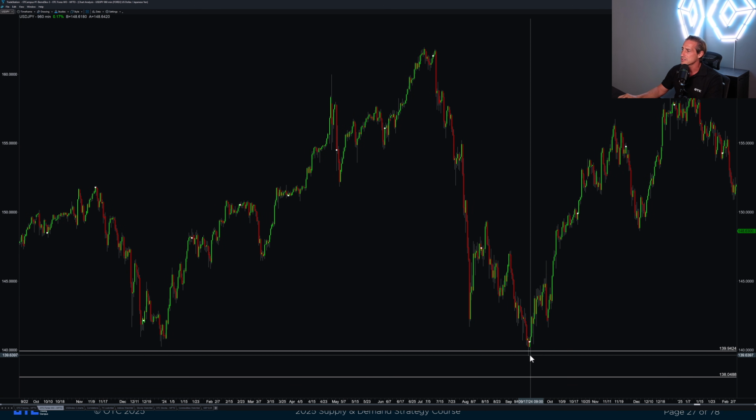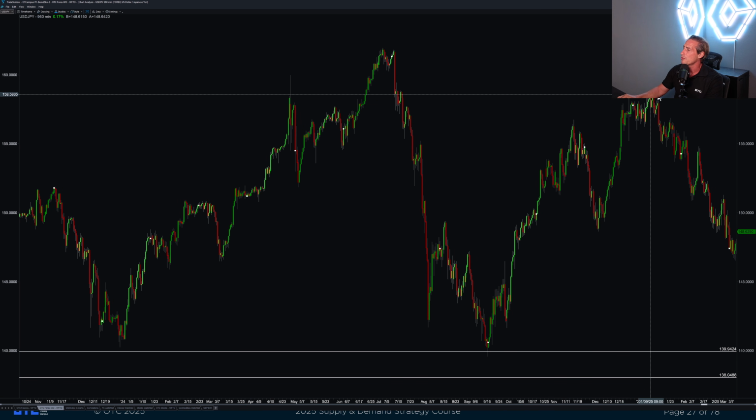And look, it just barely touched, a very, very shallow touch here. And what happened next? Again, price didn't spend a lot of time here. It literally screamed out of the zone, again without looking back, almost like a rocket ship, straight up, and ended up all the way here.